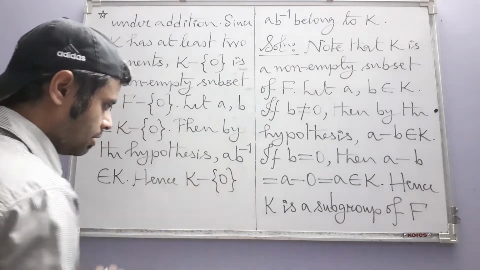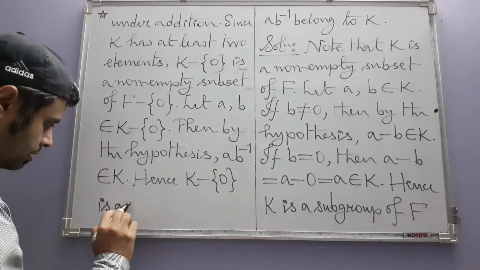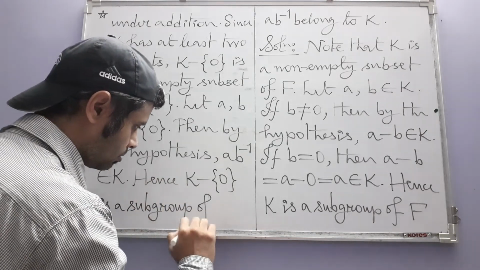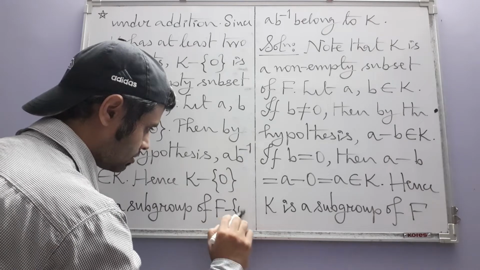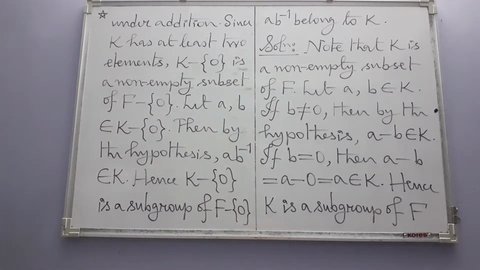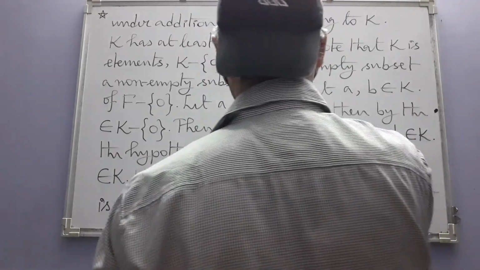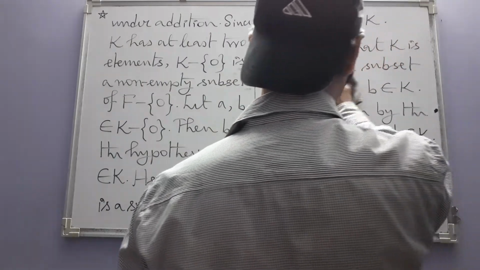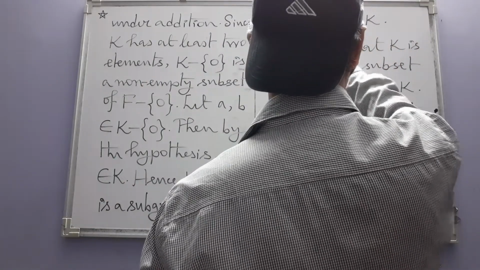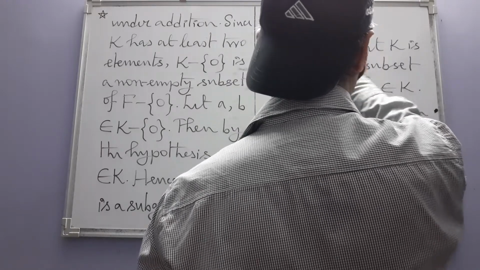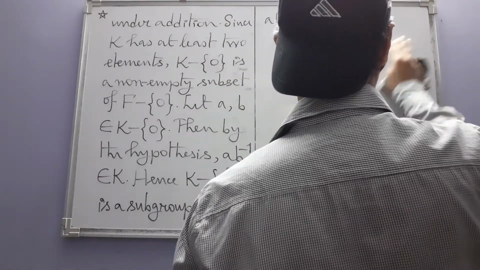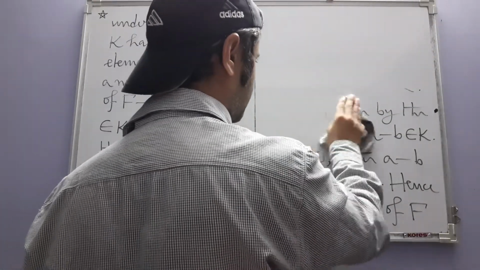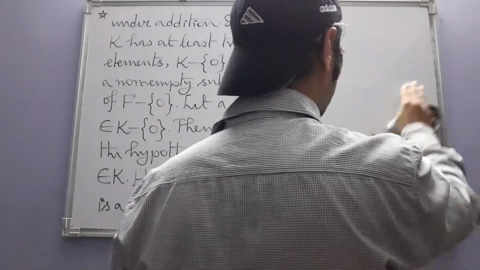Hence K difference 0 is a subgroup of F difference 0 under multiplication. And in the background we of course have the fact that F difference 0 is a group under multiplication, and that is coming from the hypothesis that F is a field. So the non-zero elements in it will form a group under multiplication, and not just that, that group is abelian.